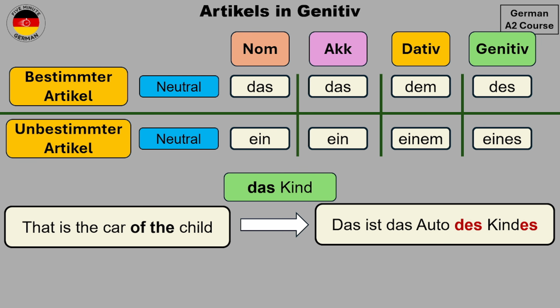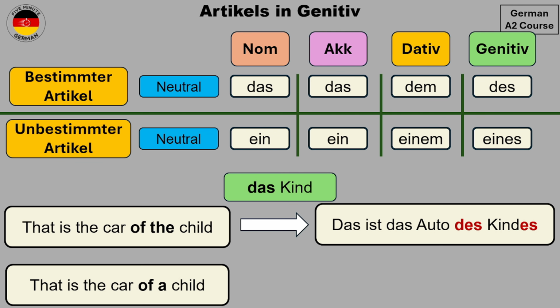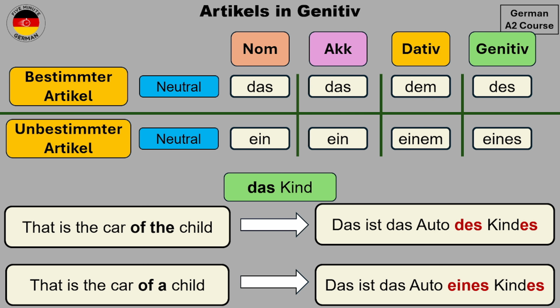And with the unbestimmte article, the sentence will be that is the car of a child, and in German with the genitive case we will write it as das ist das Auto eines Kindes. That is the car of a child. And we have used des and eines over here because these are the genitive, bestimmte and unbestimmte articles for neutral nouns. And you see that we have added the ending as after the noun Kind over here as well.